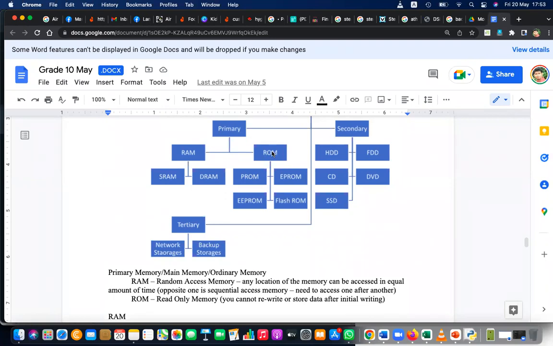Because initially it needs to recognize other hardware components. First of all, computer should recognize main hardware components. That is the reason, right?